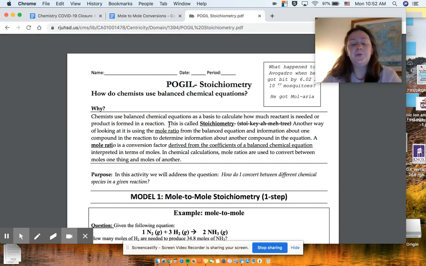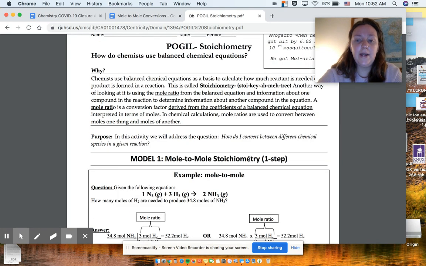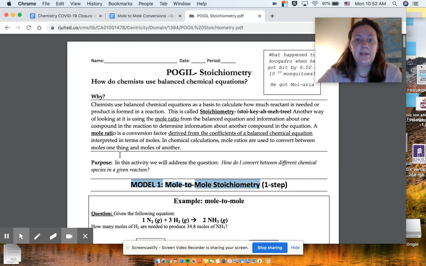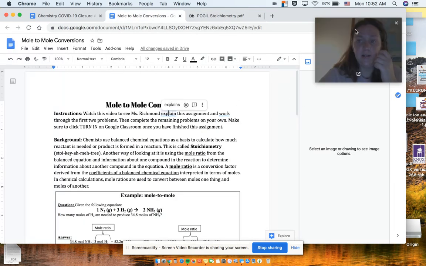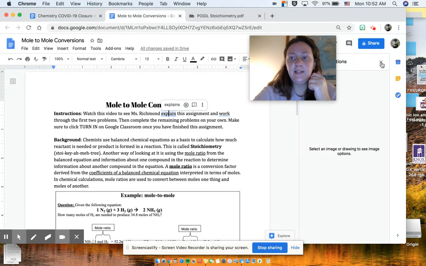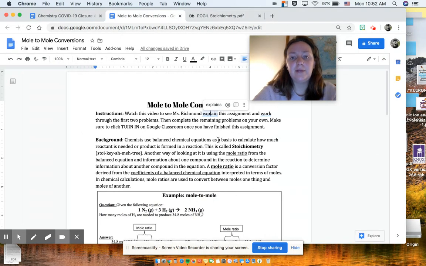So for this week's assignment, we're going to work on model 1 from this stoichiometry POGL. I made it into a separate document so that you guys can edit it, but it's pulled pretty much directly from this POGL.